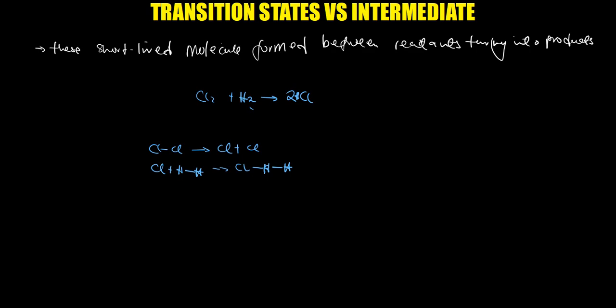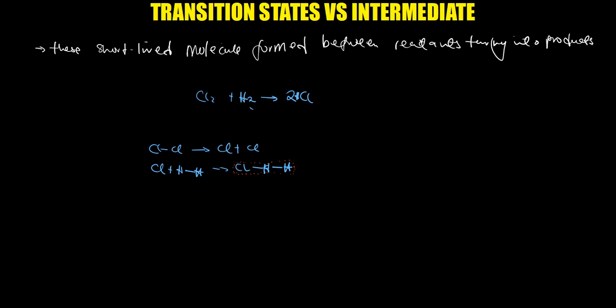This is a partial thing, because we can't have a situation like this. That can't happen. So I'll circle this one as my intermediate, or just a transition state.